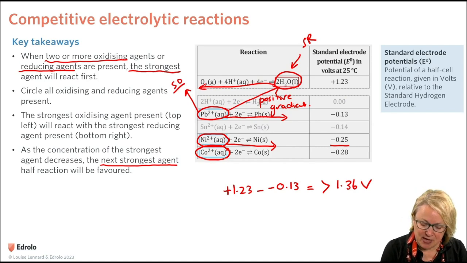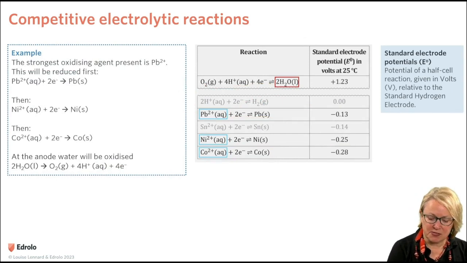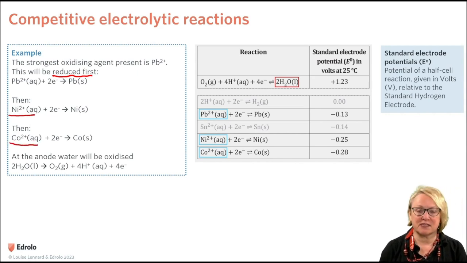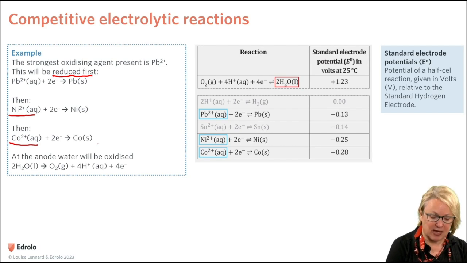And then after that, the cobalt will be reduced. So the strongest oxidizing agent will be reduced first, then the next strongest oxidizing agent, then finally the weakest oxidizing agent. We've only got one reducing agent, so that's the water, and that will be oxidized at the anode. So that reaction will go backwards.